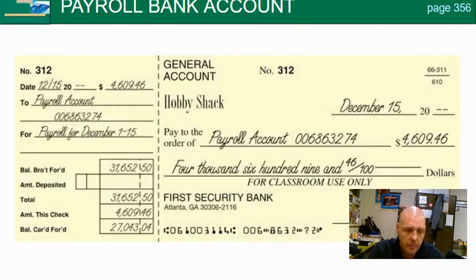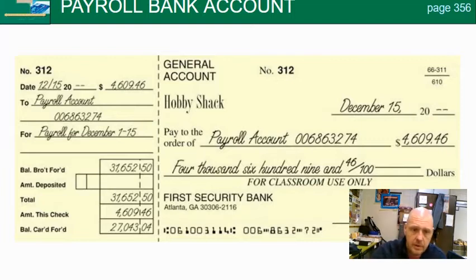We have to come up with and set aside amounts for federal income tax, potentially state income tax, social security, Medicare, health insurance, all of those other things. But right now, to actually get our people paid, we need the total of the net pay. Okay, $4,609.46 is our obligation this pay period.